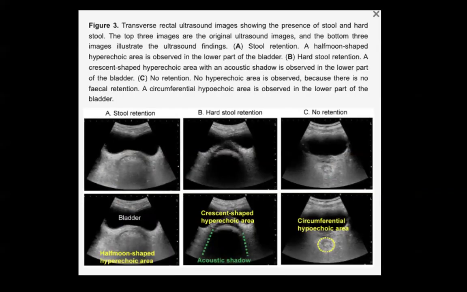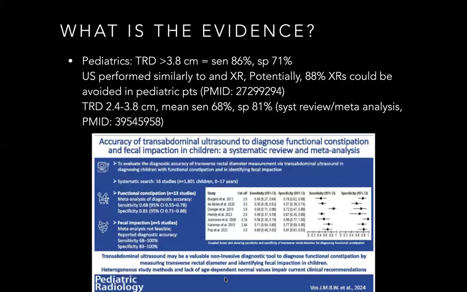Here's yet another image. The image on this right hand side here is your no retention, and so your normal rectum. Okay, so bladder, prostate, rectum. B is some hard stool retention. And so bladder, and then the half moon, the crescent shaped hyperechoic area with a shadow.